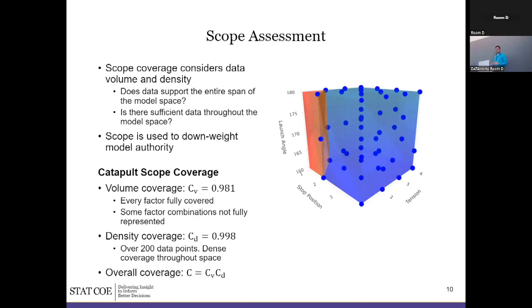And that's simply stating that if you look within the blue area, we have data thoroughly filling throughout. So both these scores are very good. We have a good data spread, we have good data density. We multiplicatively combine these scores to get an overall coverage. And then we again use that to decrement our authority. Stepping forward.